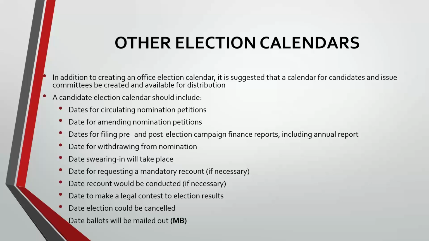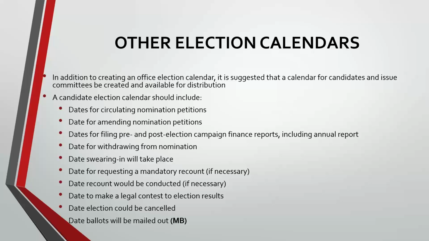So a candidate election calendar should include, and again, I might have left some things off, the dates for circulating the petitions, the date for amending the petition, the date for withdrawing, the Fair Campaign Practices finance report filing dates, the date you're going to swear somebody in if they're elected, I think that's important.